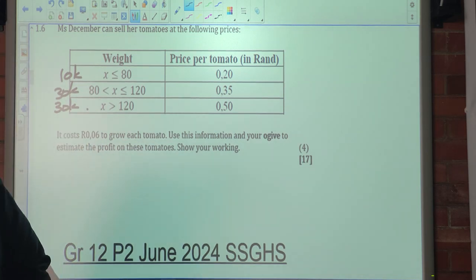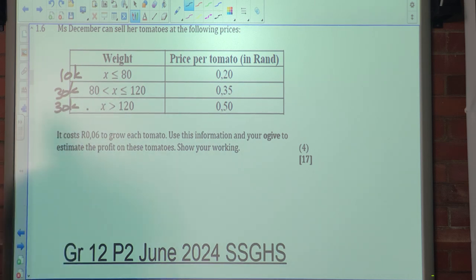In the memo, which you'll find in the description box below, you will see that the values I got there: in the first category I got 8. It was much higher.